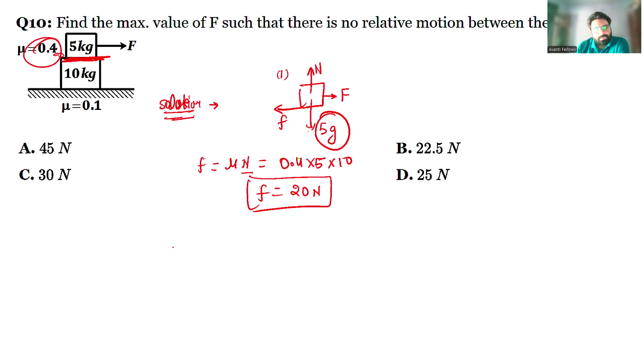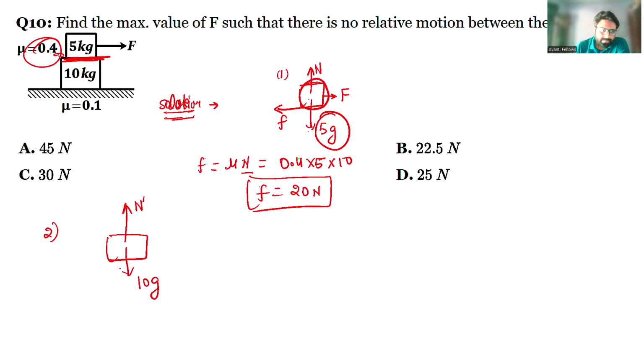Now, if you talk about the 10 kg block, let's draw the 10 kg block here. This is 10G. Upward side we have a normal reaction, and let's say this is N dash. Now, one more force is there. This particular block is placed over the 10 kg block, so it is also pushing it down.